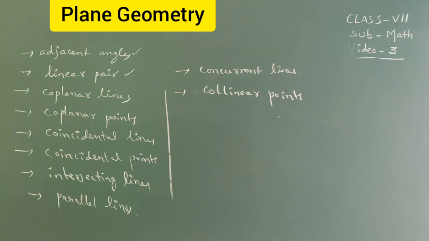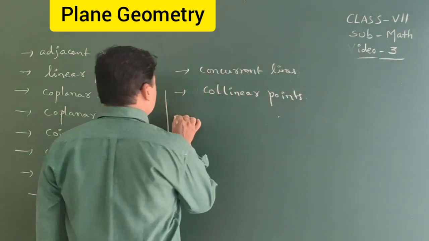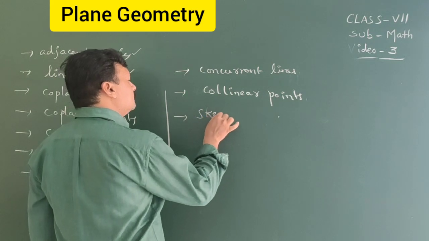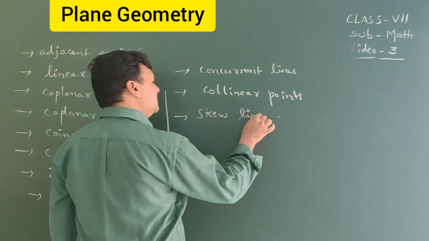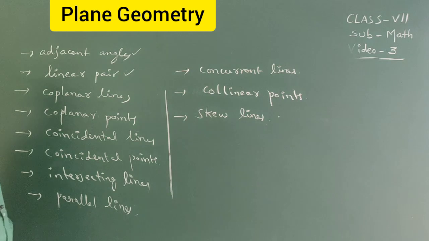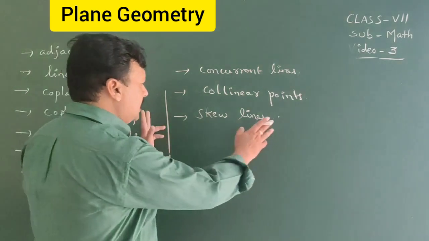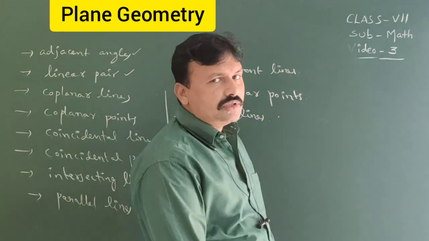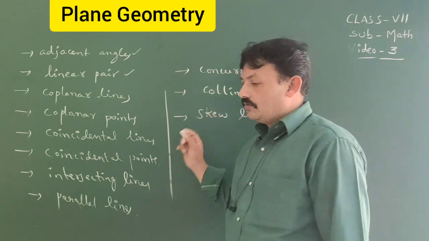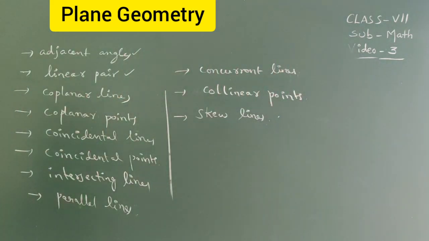The last one, collinear points: the points which are lying on the same line are called collinear points. Skew lines we also discussed. What are skew lines? The lines which belong to different planes are called skew lines. These things we discussed.